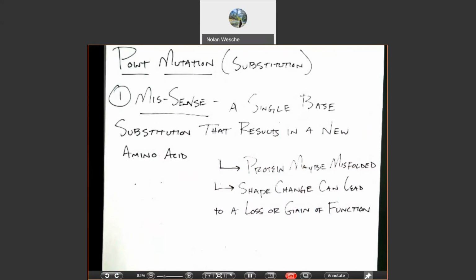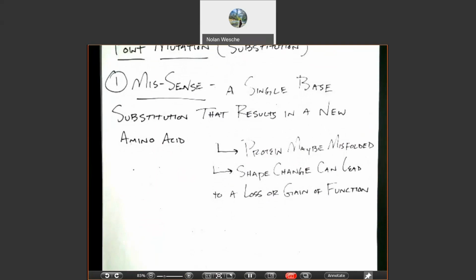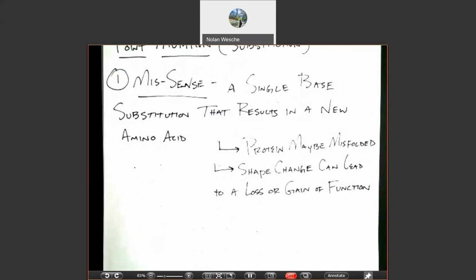That's where we see gain of function evolution coming from, right? A protein that was once doing a particular job has been slightly modified, and now it's more effective with the various selective pressures in its environment. So that's where we can see evolution starting to pop up in that particular type of mutation.